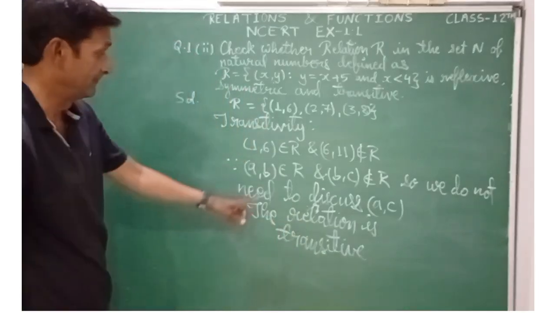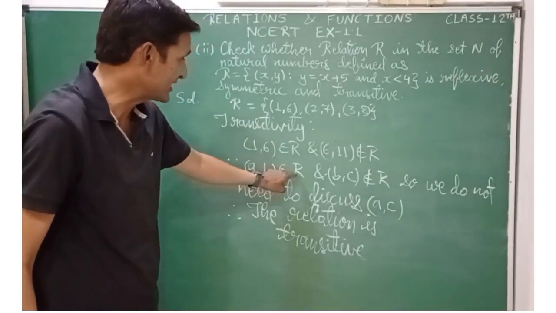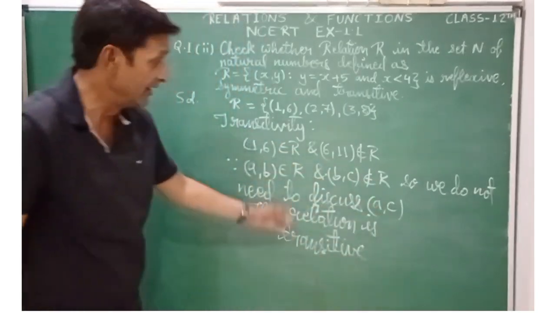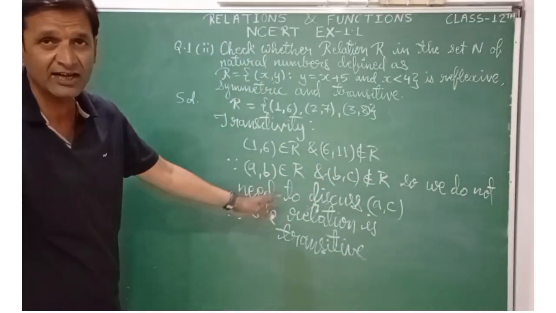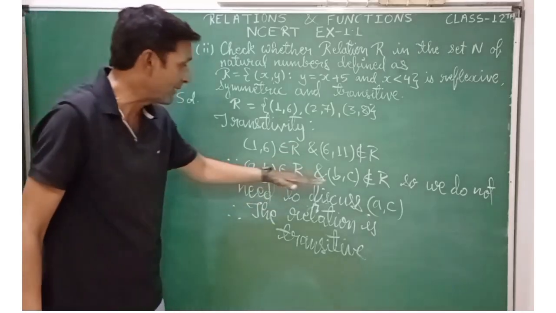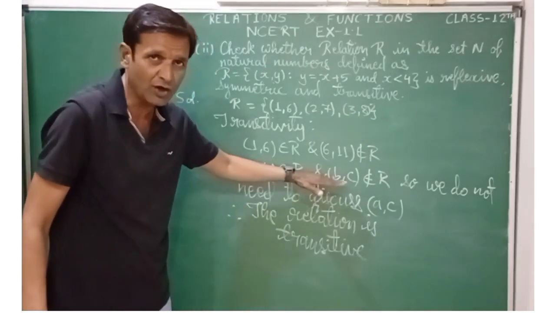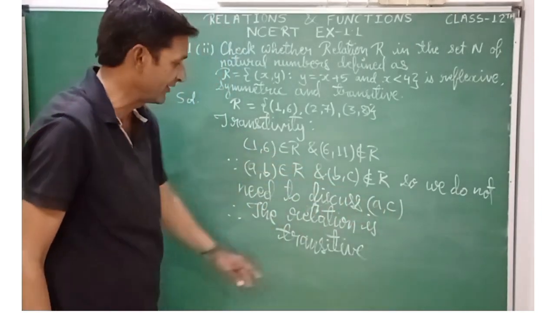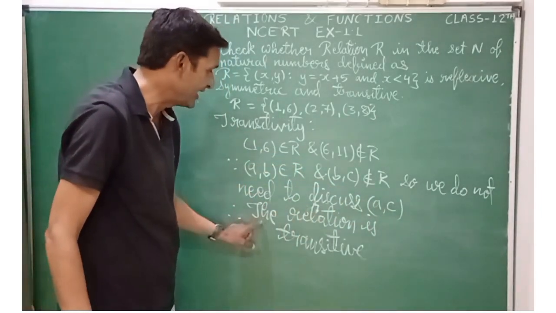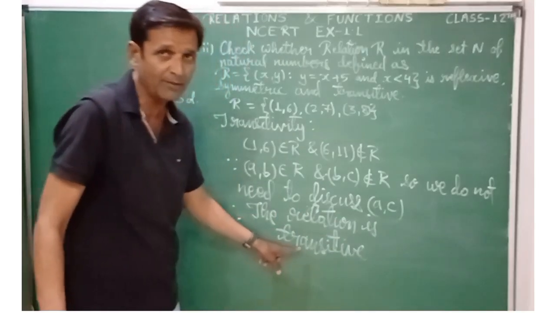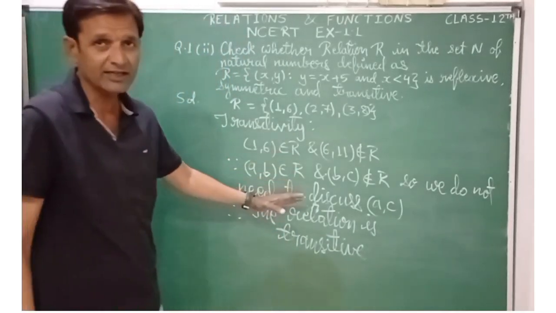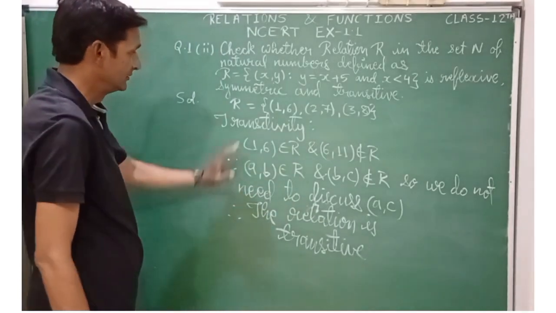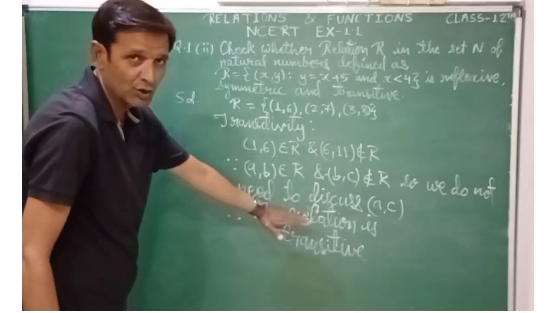If (a, b) is an element of R and (b, c) is an element of R and (a, c) is not an element of R, in that case we can say the relation is not transitive. But if the primary condition of transitivity is not followed, how can we discuss the secondary condition? That's why we are writing here that the relation is transitive. This is the proper way to see the transitivity of the relation. So here only we are able to conclude it.